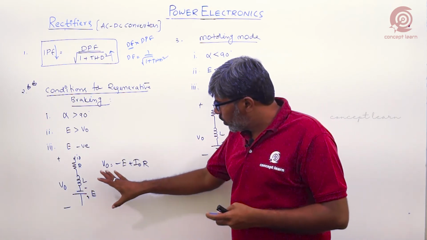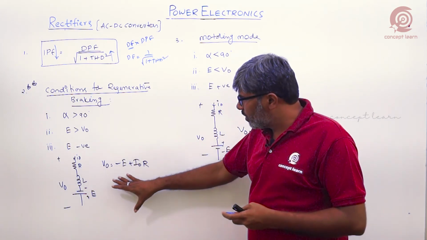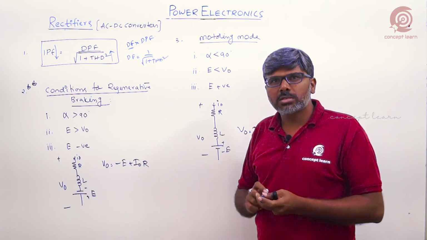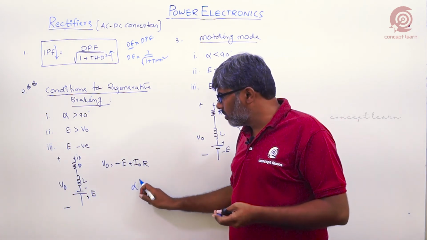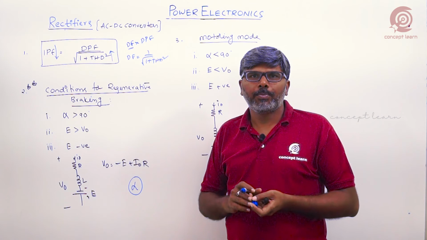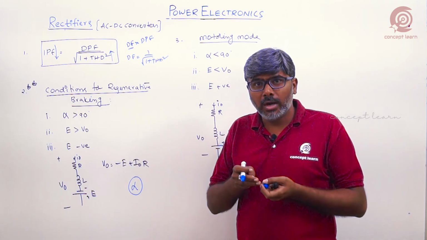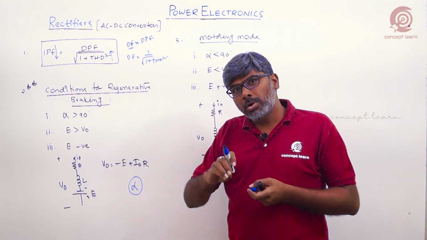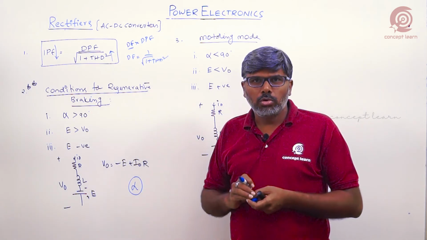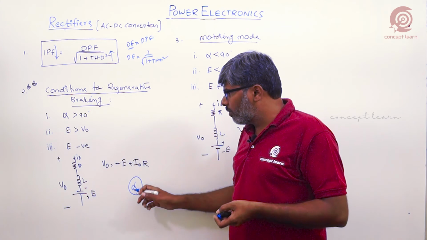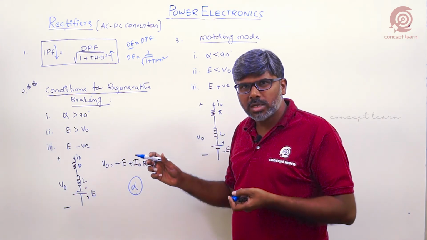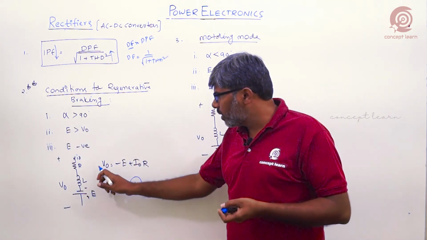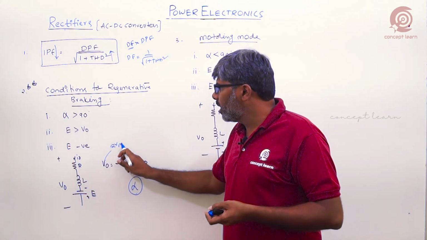So what is the use of this V naught in this case or in the braking case? You can find out alpha. Sometimes you need to calculate the alpha value: at what angle of alpha can power be fed back to the source, or power be transferred to the load? In order to calculate alpha, we know that in the case of a full converter the output voltage is 2Vm by pi cos alpha.